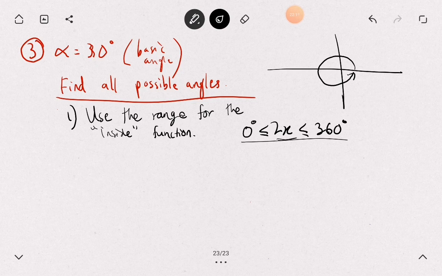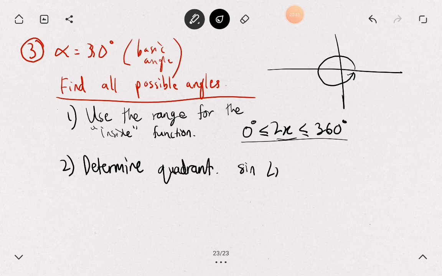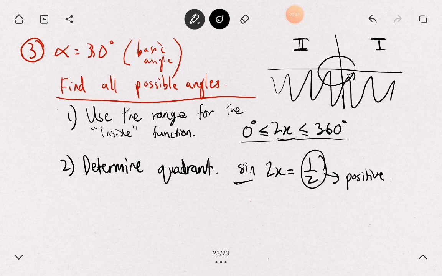Now, two, determine the quadrant. We know that sine 2x is 1 over 2. This is positive. So if it's a positive sine, where must it be? It can only be in quadrant 1 or quadrant 2. So not this side, this side is already no more.